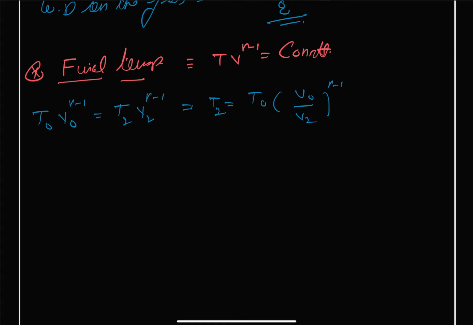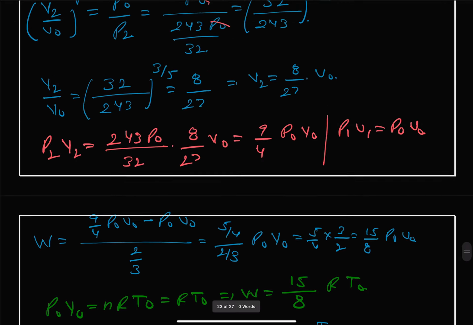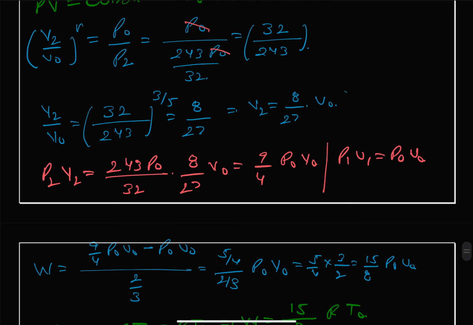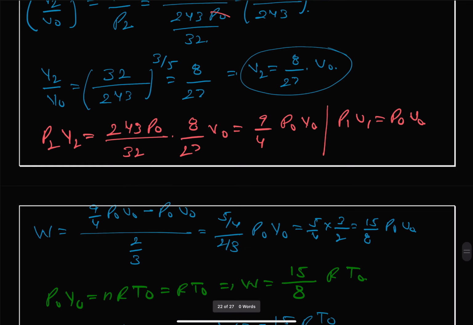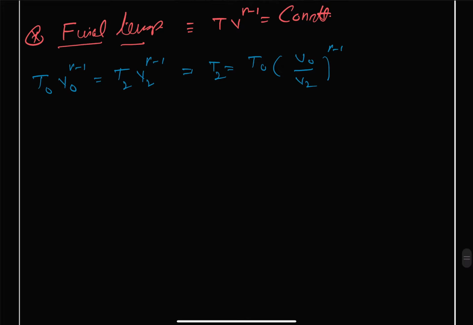And V2, we just found out V2 also. V2 is our 8 upon 27 times V naught. Therefore we can write that our T2 is equal to T naught V naught upon 8 upon 27 times V naught, and we have this as 5 by 3 minus 1, that is 2 by 3.